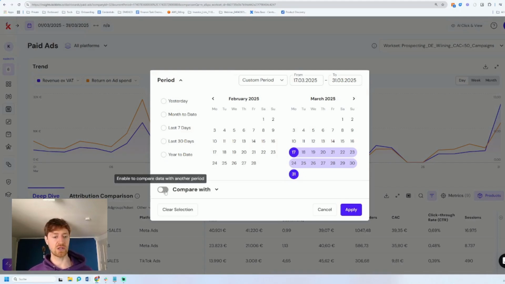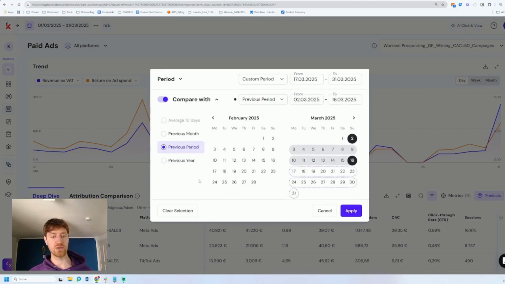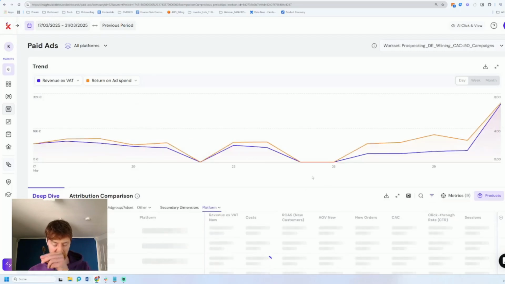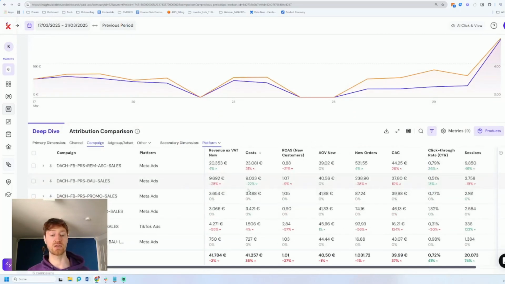If you use this toggle here in the bottom, compare with, you are able to compare the selected period in the top with the previous period on automation, so that you can actually see how you compare to the 2 weeks before the selected period. And there you get then an understanding if you're improving on the changes you made during the last 2 weeks, yes or no.